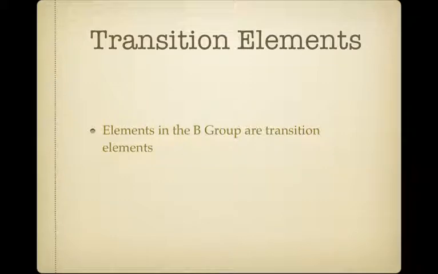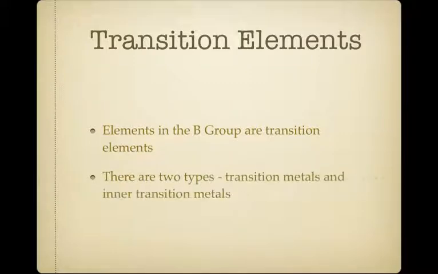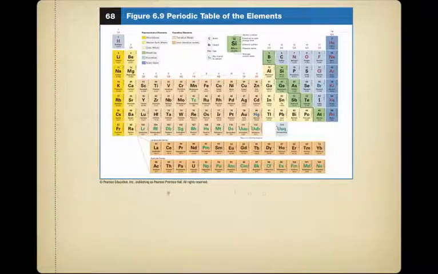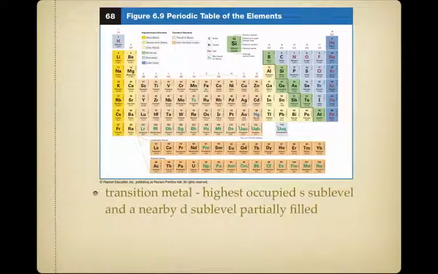And then in the middle, we've got what we call our group B metals, the transition metals. And we've got 2 types that we talk about: the transition ones, those are the ones in the middle of the chart, and the inner transition. The transition metals are the ones where we're filling the d sublevel.